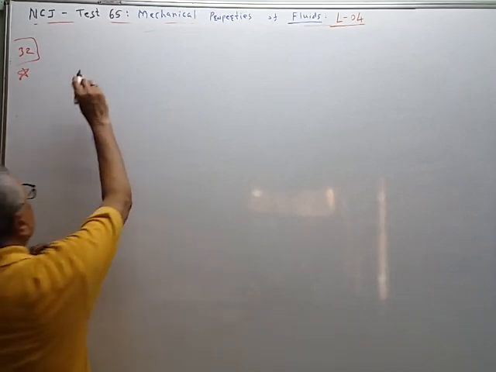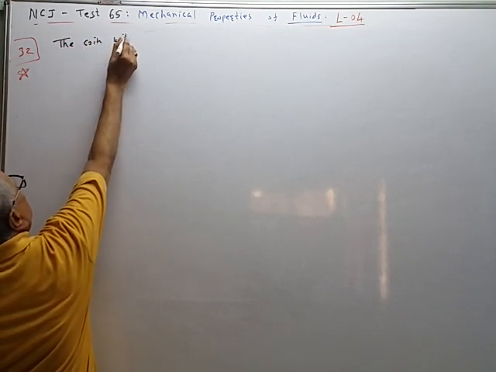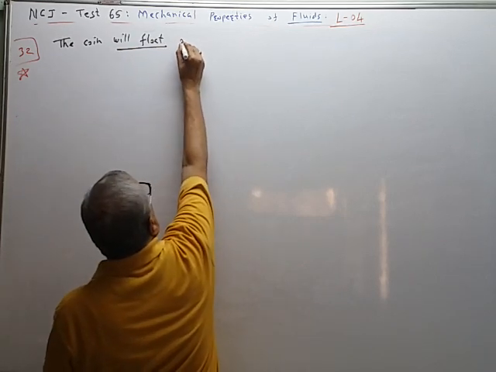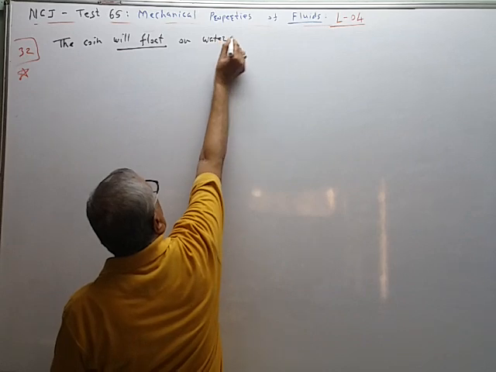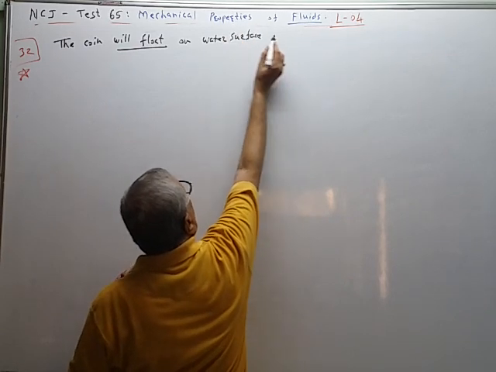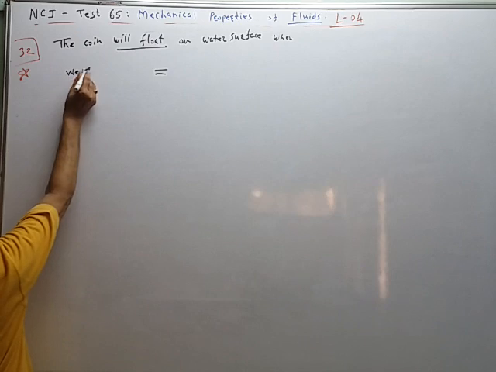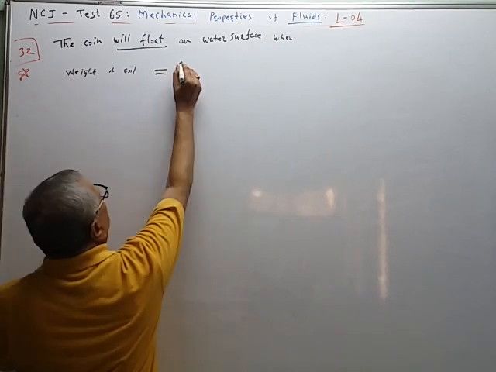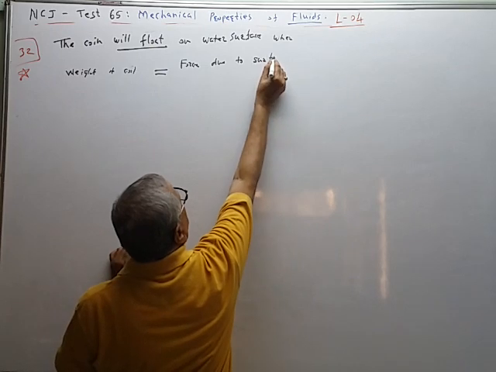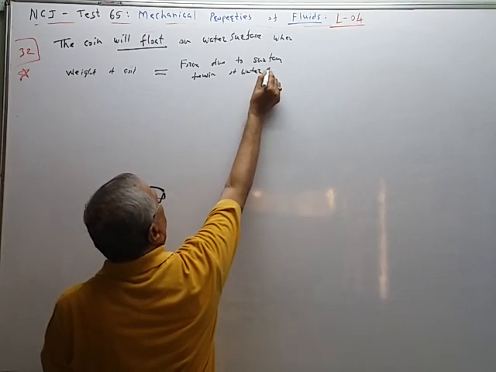So the condition is like this: the coin will float on water surface when weight of the coin is equal to force due to surface tension of water acting on the coin.